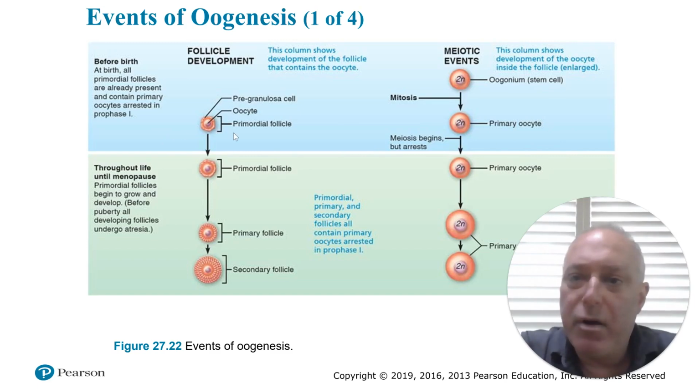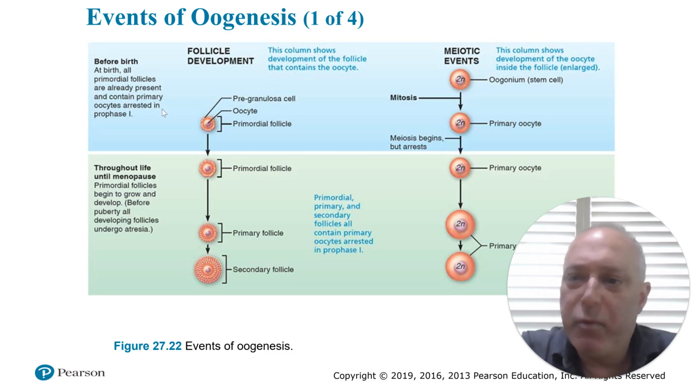And when the female is born, all of the eggs are in the primordial stage. And so a female is born with all of her eggs. They start meiosis, but then they rest in prophase 1. And so this is the crossing over phase.